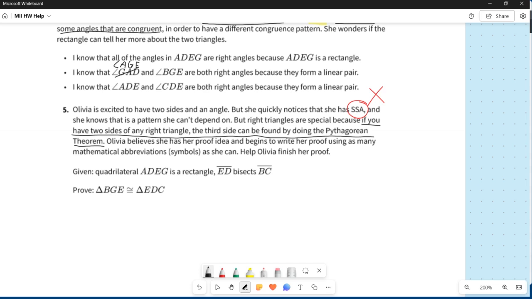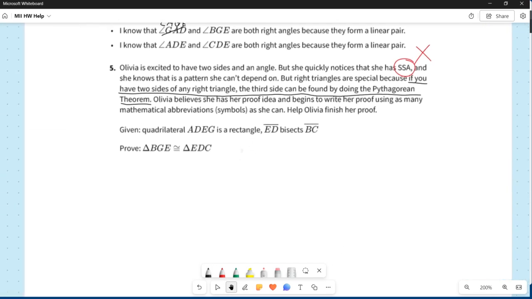Olivia believes she has her proof idea and begins to write her proof using as many mathematical abbreviations or symbols as she can. Help Olivia finish her proof. So, our proof starts like this.